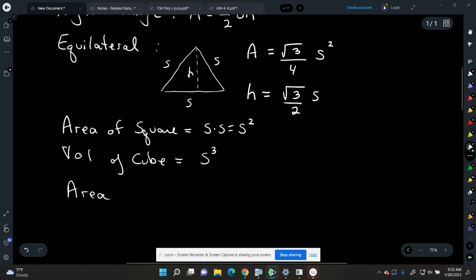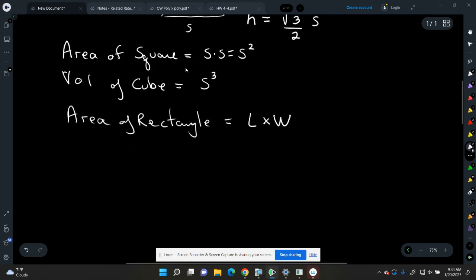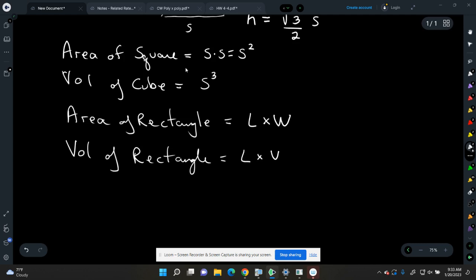Area of a rectangle is length times width. These ones we should know. Volume of a rectangular box is length times width times height.